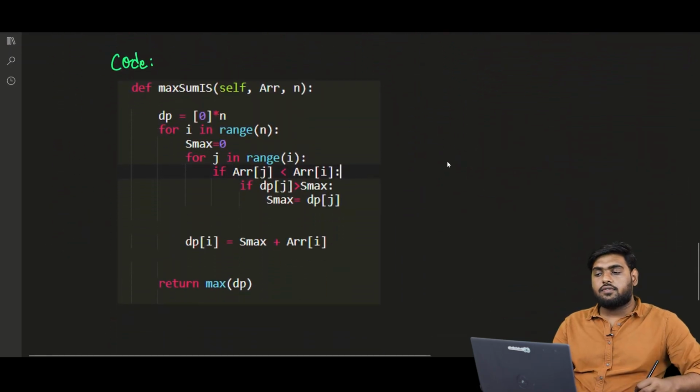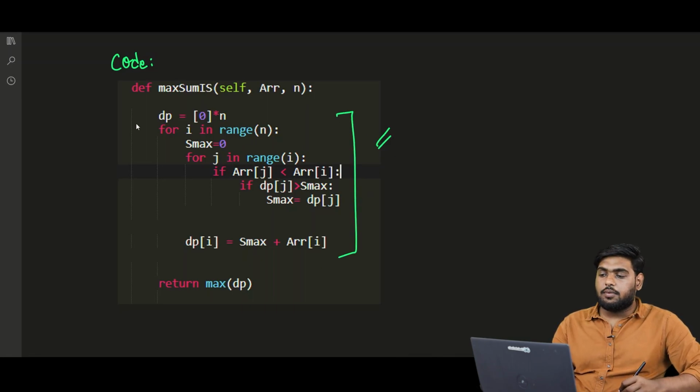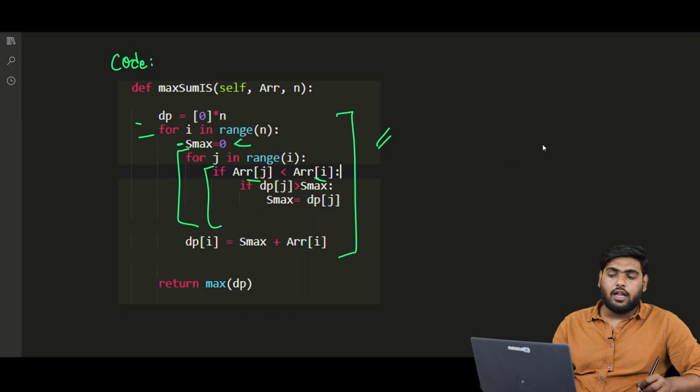Well, here it is a function that we will receive and the logic that I have coded. Simply, I have made my dp. I have run the i loop that we have seen the working for. I'm initializing my s max with 0 just before this j loop. And inside the j loop, I'm comparing arr[j] and arr[i] to find out what are the possible picks that we can take for making a subsequence, and then we are checking the dp values.